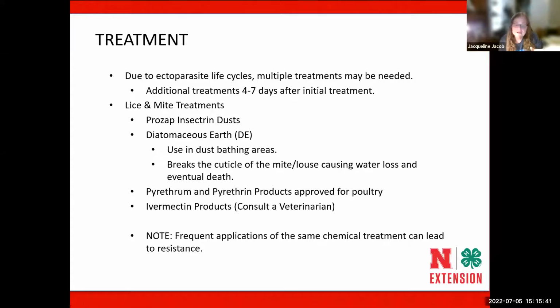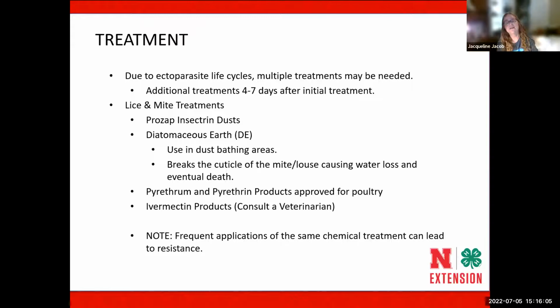Ivermectin is not an approved product for poultry, especially food animals. So you shouldn't be using it on egg-laying hens or meat birds, because there is transmission to the product, and there are no clearance rates for the products because they're not approved.